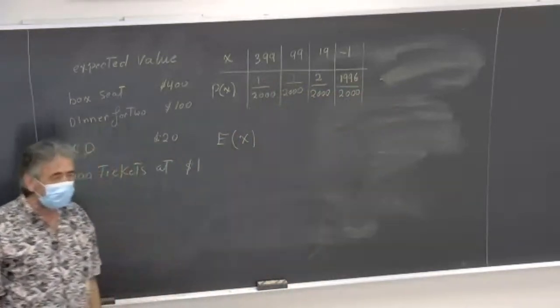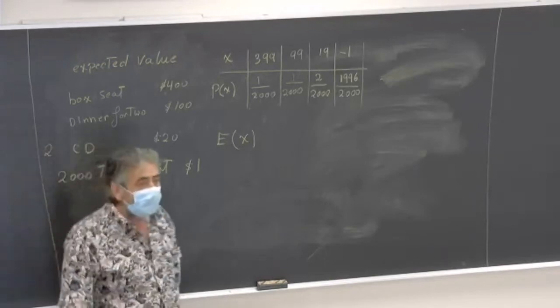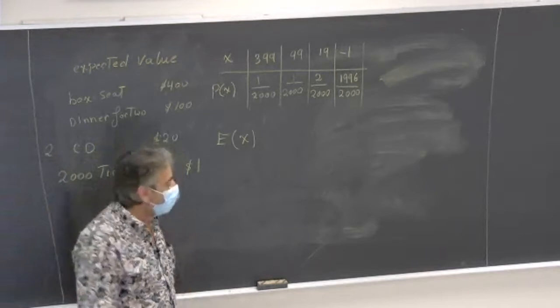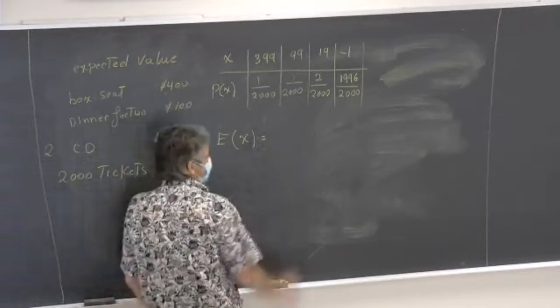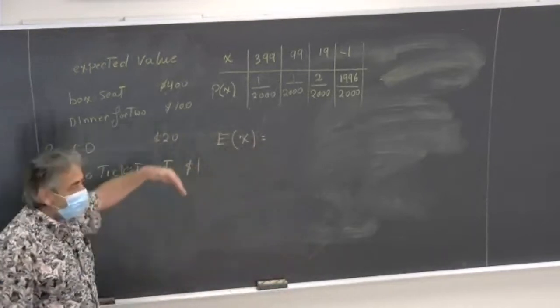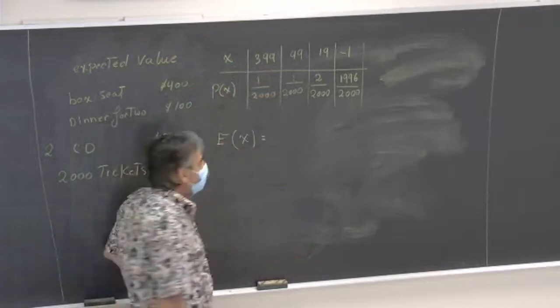So now we have a probability distribution. Now we can find the expected value for that probability distribution. So what is it? It says the expected value is the value of x times the probability. Yeah?